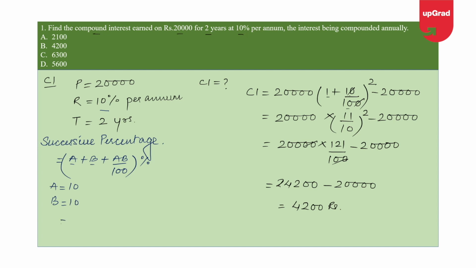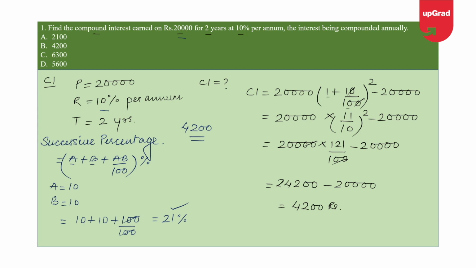So if I calculate successive percentage, it will be 10 plus 10 plus 10 multiplied by 10 upon 100, which gives me 21% as my successive percentage. That is, for 20,000 principal amount, my compound interest will be 21%. And I know that 21% of 20,000 is nothing but 4,200, and that's my answer.